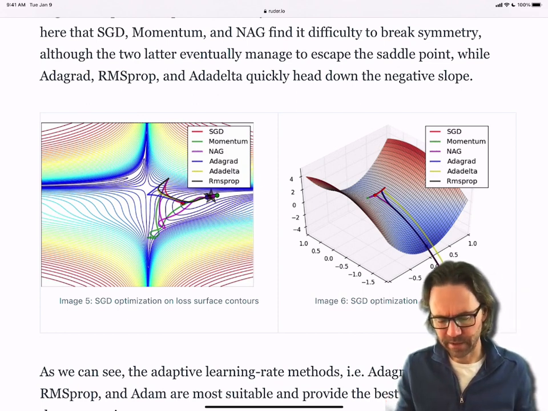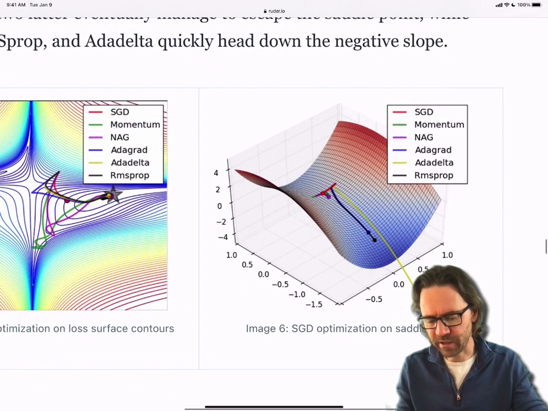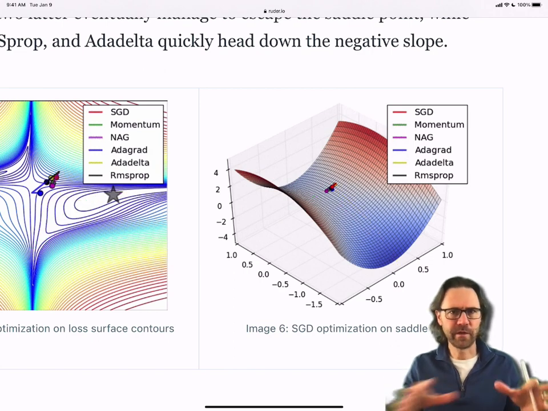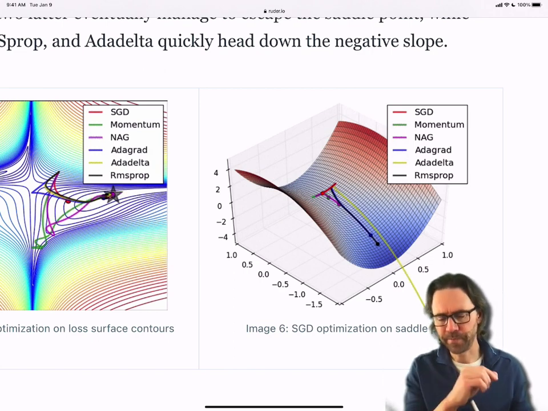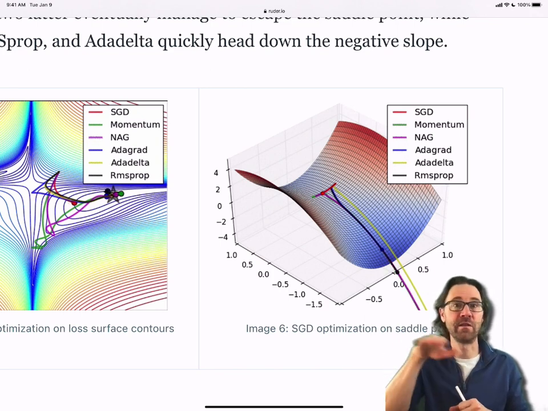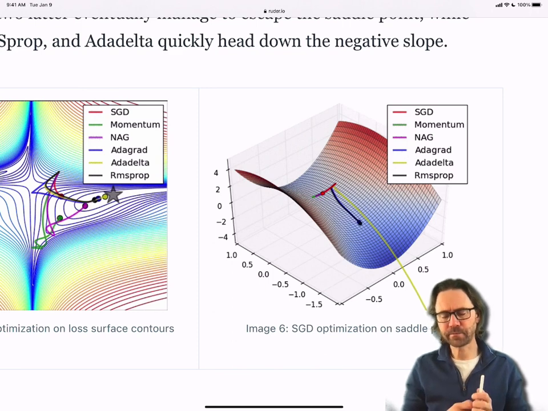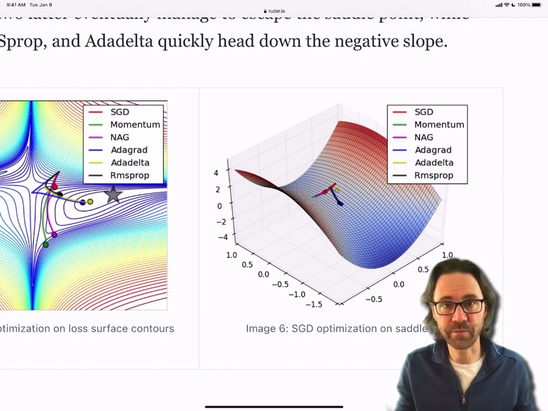dampening. So this image here on the right is another view. You can see that it's at a saddle point. So the biggest gradient is up and down the two sides of the saddle point. But what you really want to do is settle in the bottom of the valley and work your way down the side of the saddle. You can see stochastic gradient descent looks like it never really makes its way out of there.